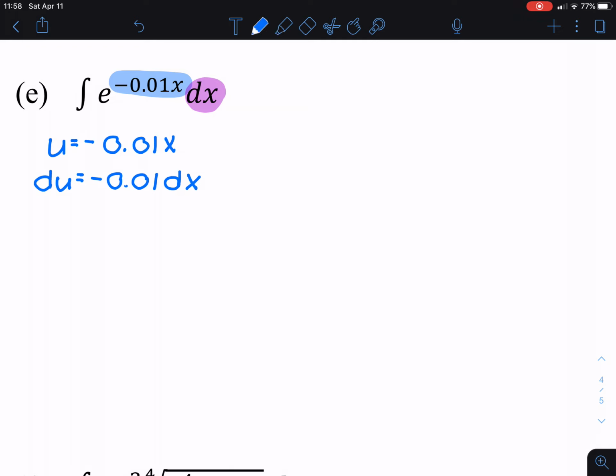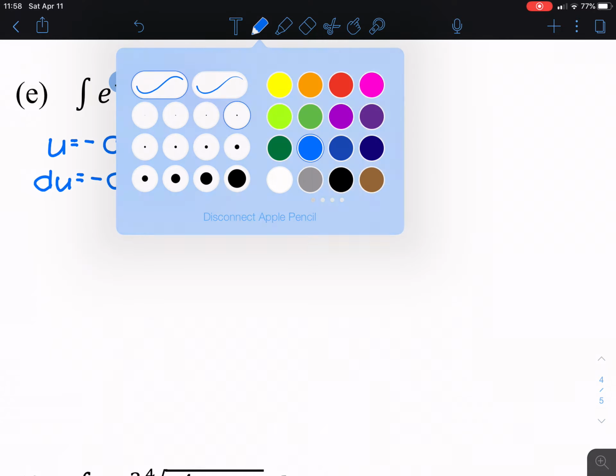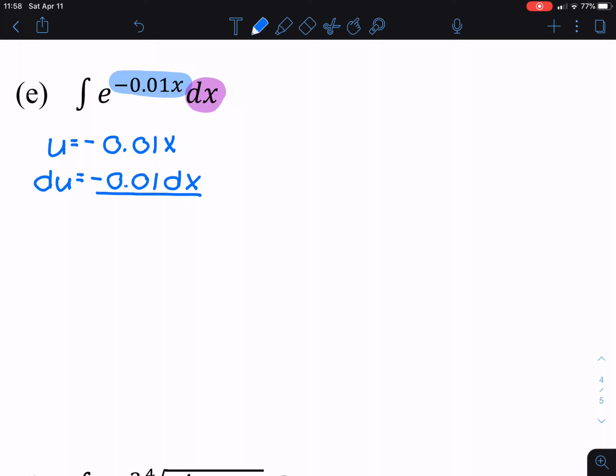I can divide by -0.01 on both sides. But realize that 1 over -0.01 is the same thing as multiplying by -100. So -100 du is equal to dx.